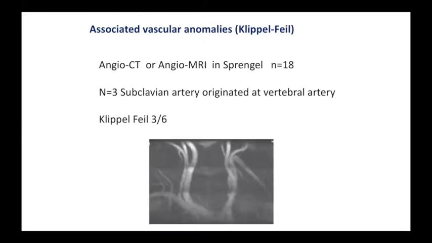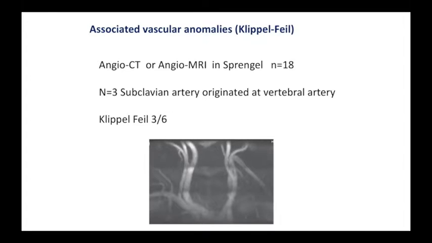And in 18 consecutive Sprengel deformities, we did an angio-CT or an angio-MRI. And we found 3 of these subclavian arteries originating from the vertebral artery. All of them were in the context of a Klippel-Feil.